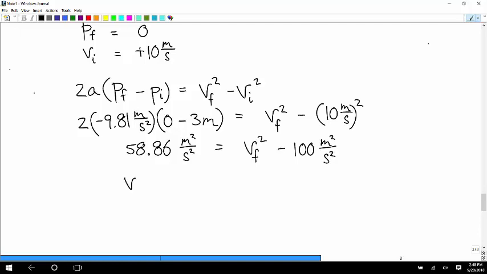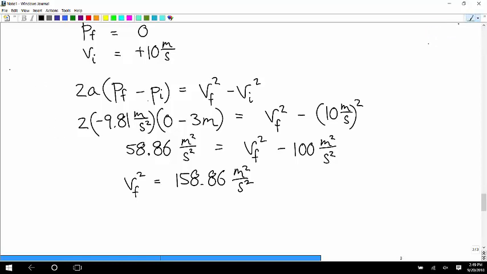And so V final squared is equal to 158. We've already seen this number today. It's so predictable. 158 meters squared per second squared.